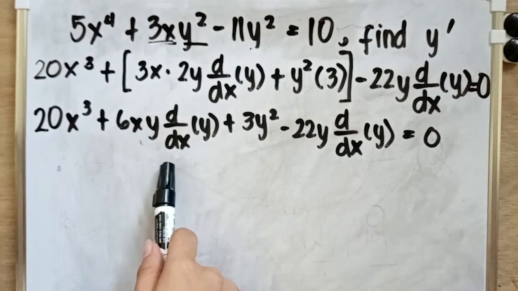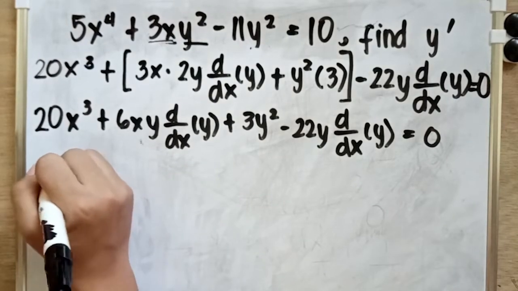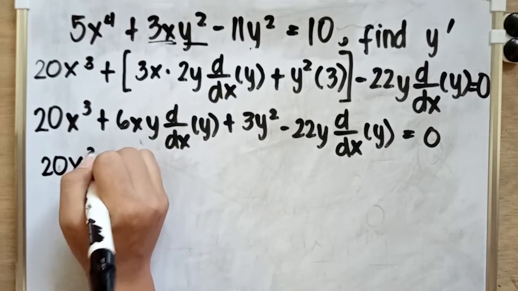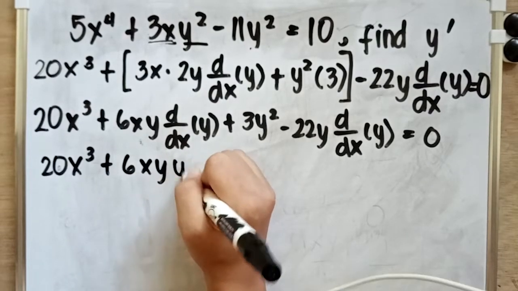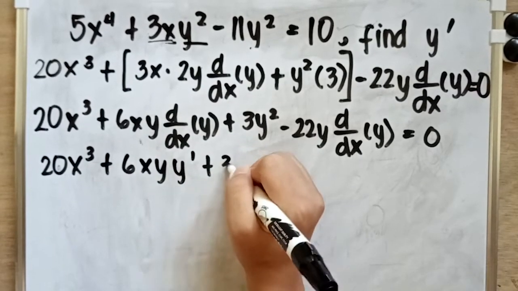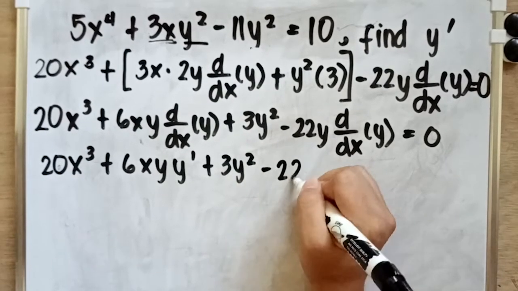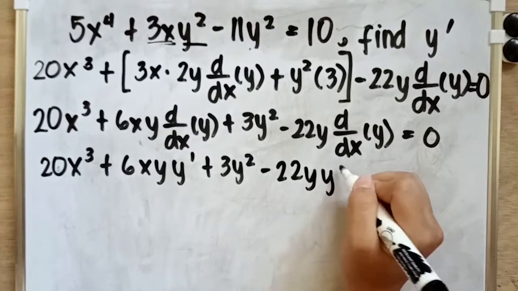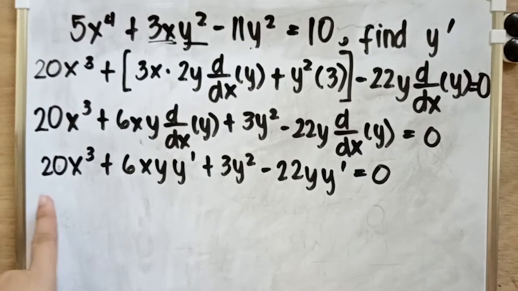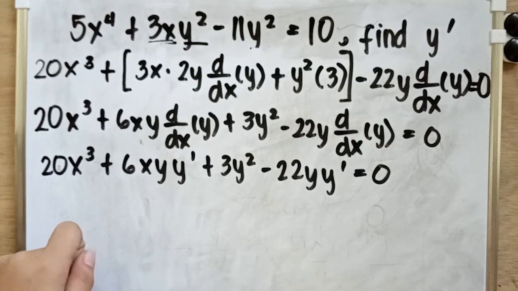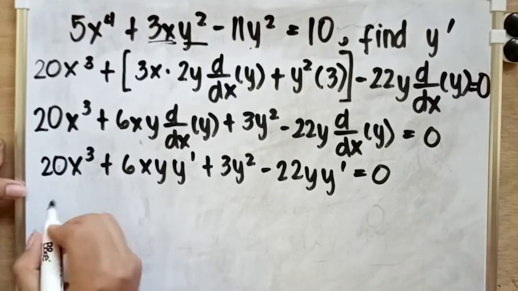Replace the d over dx of y by y prime. 20x cubed plus 6xy y prime plus 3y squared minus 22y y prime is equal to 0. Ang sunod natin gagawin is isi-simplify na natin ang equation and solve for the y prime.